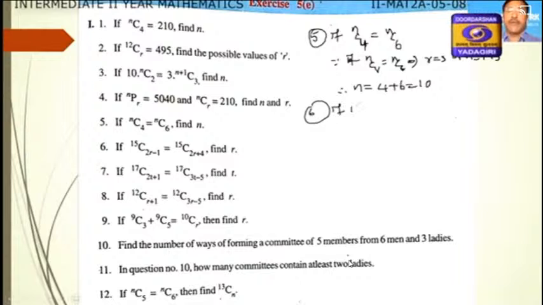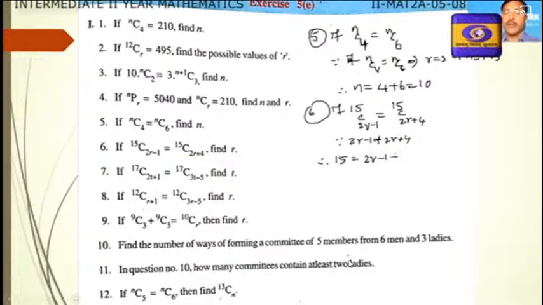If 15C(2r minus 1) is equal to 15C(2r plus 4), then find the value of r. So here also this 2r minus 1 cannot be equal to 2r plus 4. Since 2r minus 1 is not equal to 2r plus 4, therefore 15 must be equal to, from this formula, n is equal to r plus s: 2r minus 1 plus 2r plus 4.